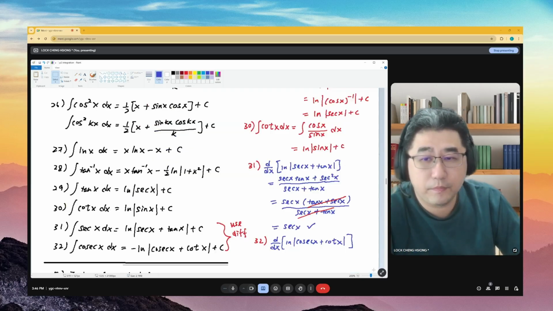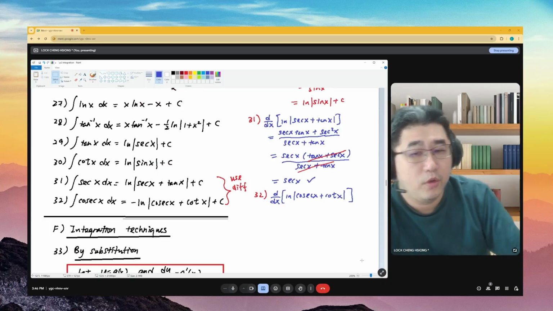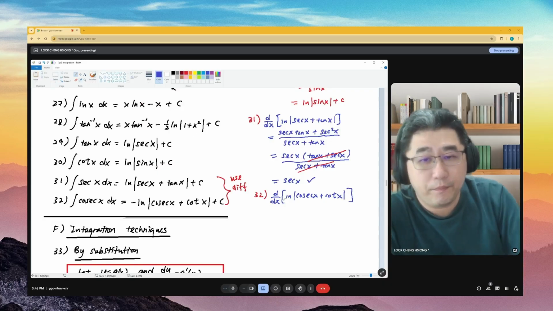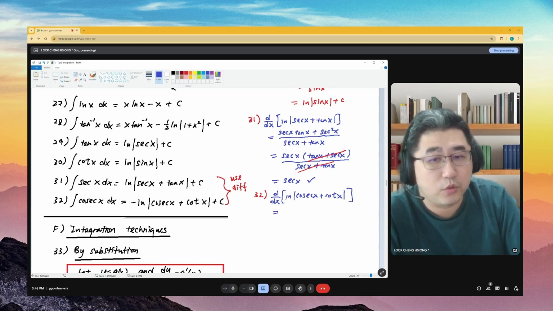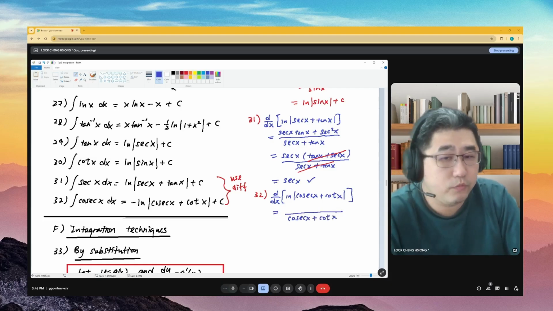Over here, this is ln. So I draw a fraction. Whatever is inside I write at the bottom, then the differentiate of the inside I write on top.